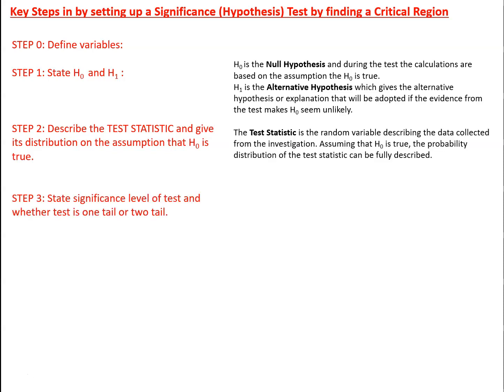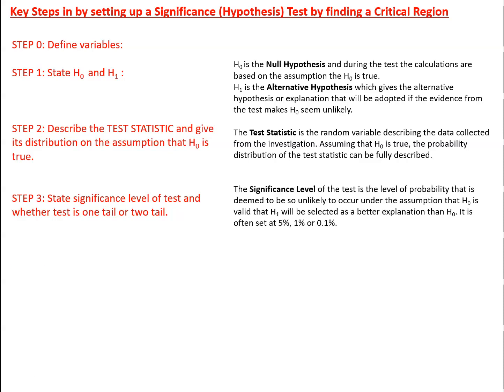We then need to state the significance level of the test and state whether the test is a one-tail or two-tail test. If we're just looking for evidence, the normal thing to use is a 5% significance level. If we're looking for strong evidence, then we would use a 1% significance level for the test.